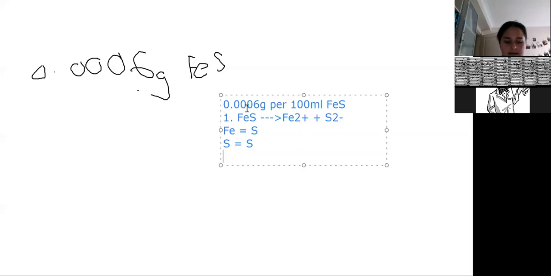So next thing we need to work out is S times S equals S squared. Do you agree with me? Perfect.